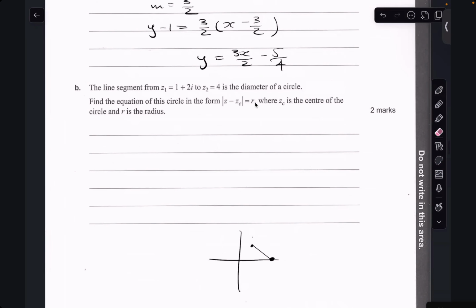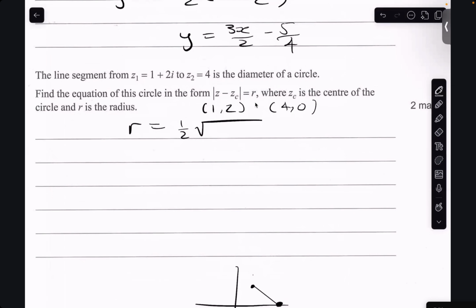Well, the radius is going to be half of the distance between 1, 2 and 4, 0. So that's going to be 3 squared plus 2 squared. So that would be root 13 on 2.